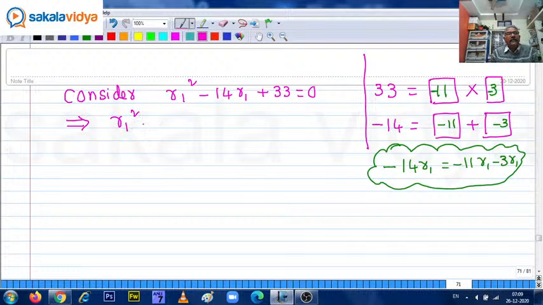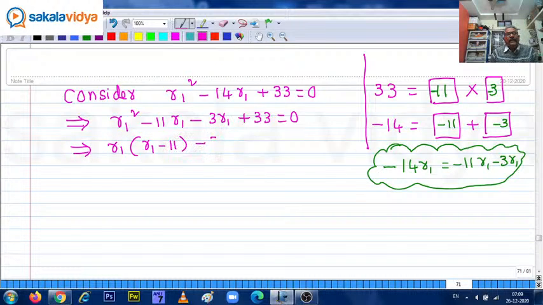So now this can be solved like this. R1 square minus 11 R1 minus 3 R1 plus 33 equals 0. Now R1 is taken common, we have R1 minus 11, and minus 3 common, we have R1 minus 11.